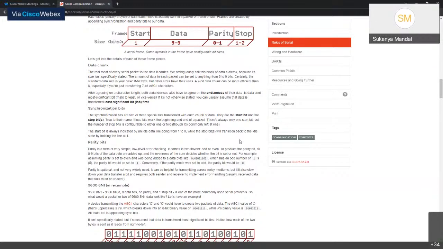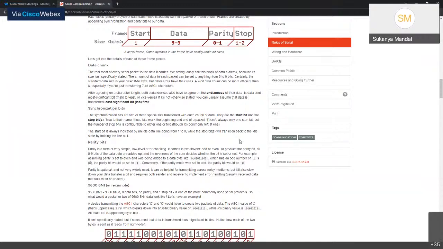There's always only one start bit, but when it comes to stop bits, it can be configured to either 1 or 2. Usually we keep it as 1 stop bit, but it is at the programmer's discretion. When I say programmers, I mean the people who code the hardware; it's at their discretion what to leave it at.